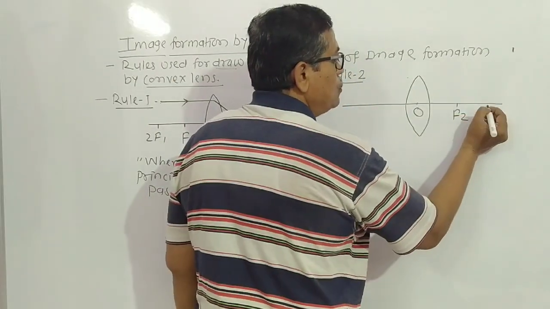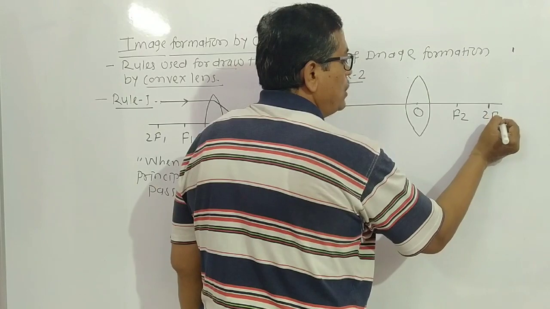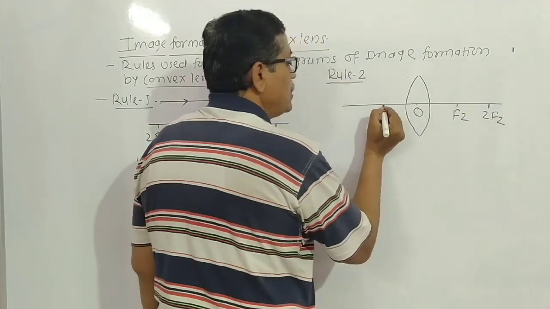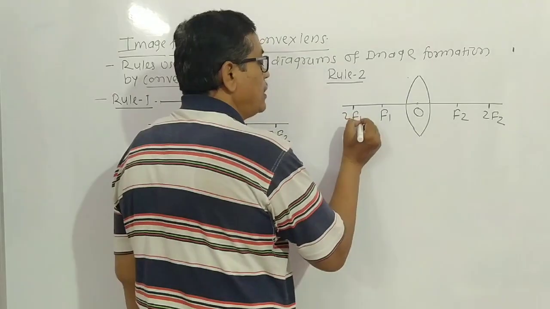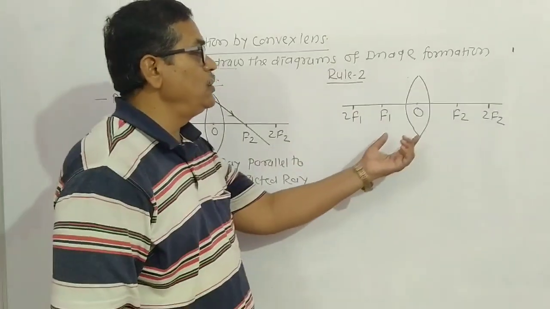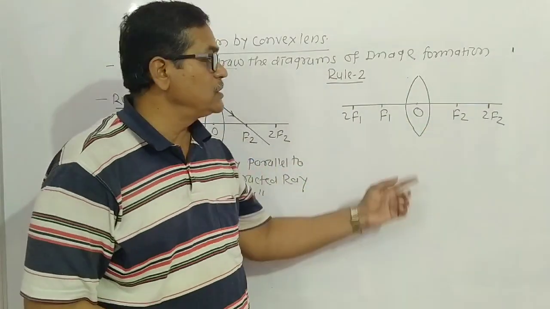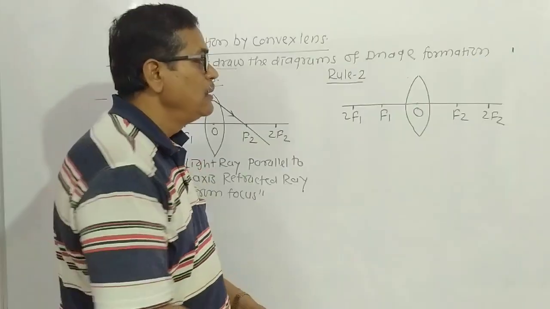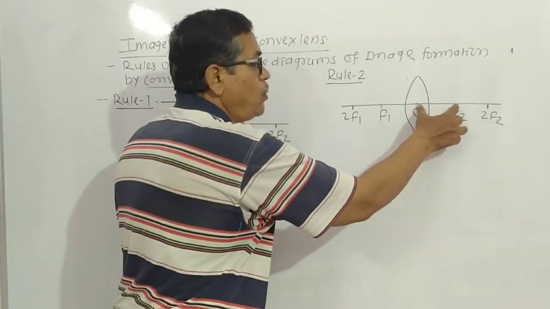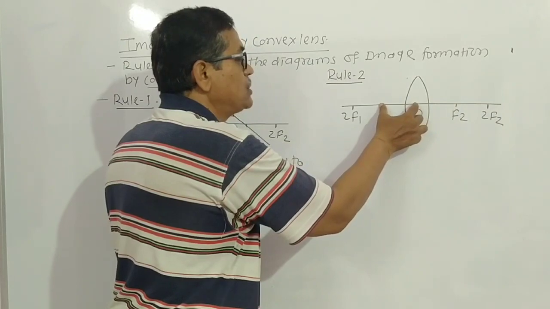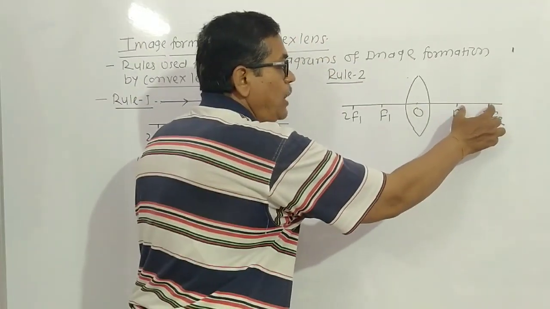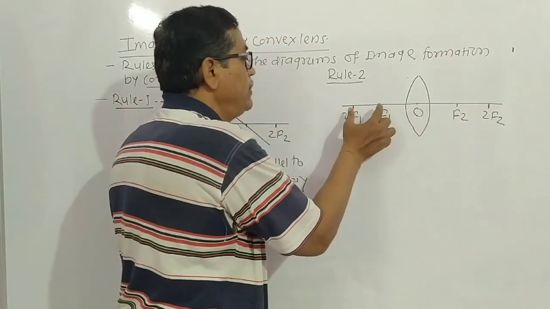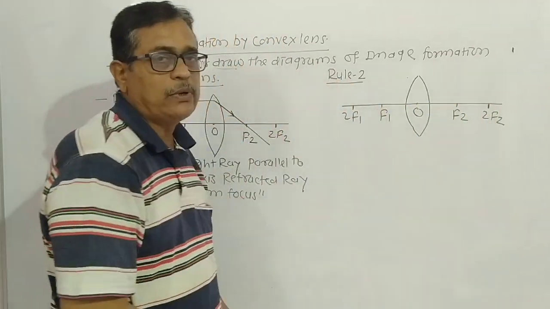Here F2, here 2F2, here F1 and here 2F1. Dear student, it is necessary that all the points are at equal distance from the optical center. The distance between O and F2 is the same as the distance between O and F1. The distance between F2 and 2F2 is the same as between F1 and 2F1.